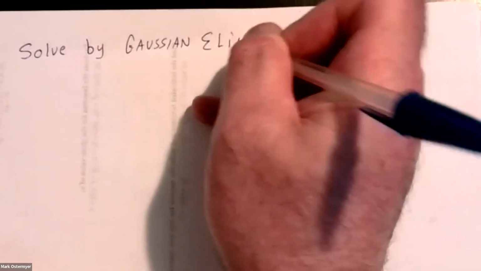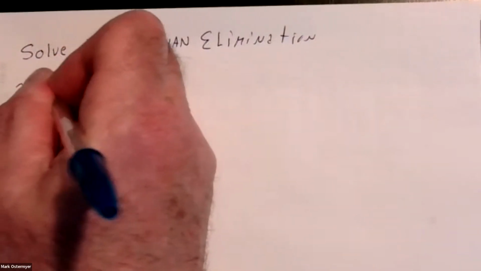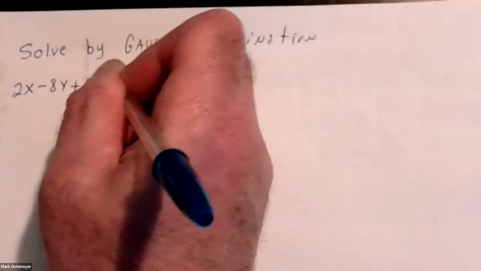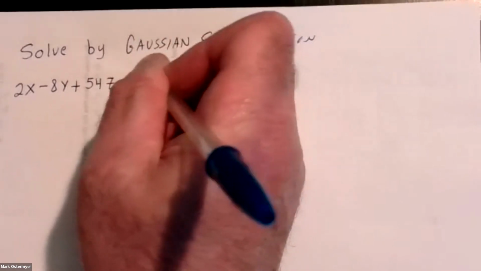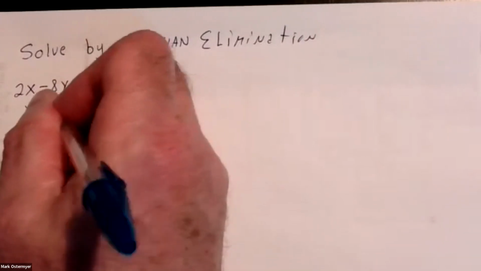So we're going to try to solve this system of 3 linear equations and 3 unknowns using the Gaussian elimination method. Remember in the past, back in chapter 5, we had you solving this bigger system using the elimination method by pairing up equations. You remember that technique?